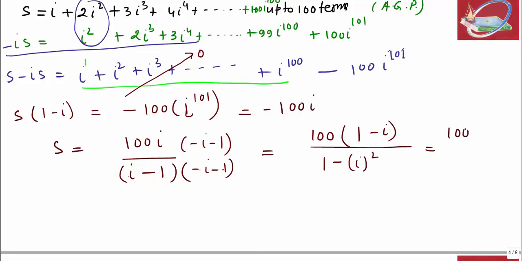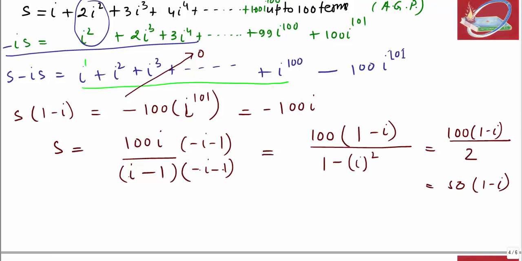So 100 times 1 minus iota upon 2. If you multiply it, you will get 2. And so this is 50 times 1 minus iota.